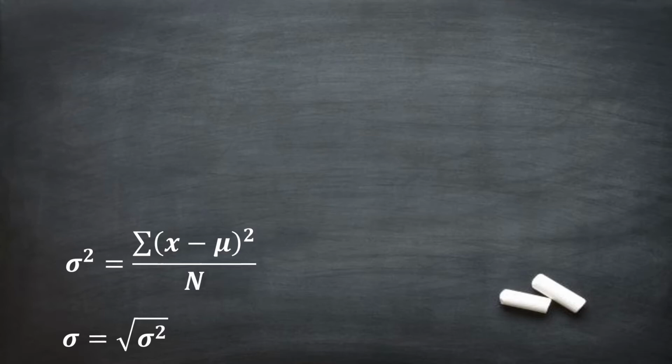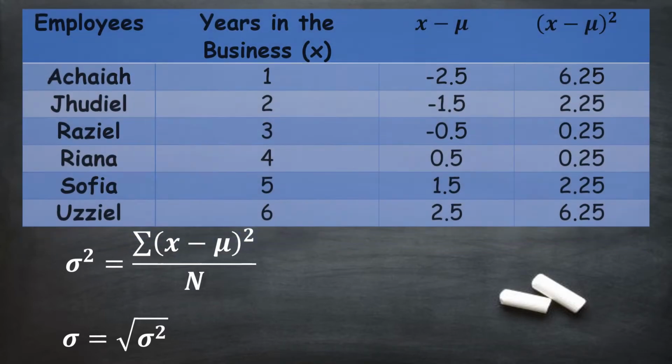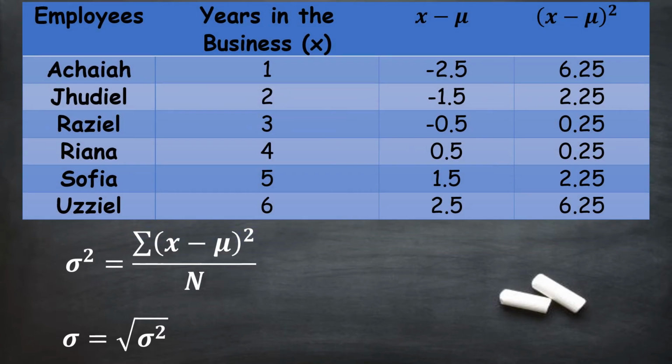That's why there's a difference between the formulas. But anyway, we will have the same process wherein we will construct another column for x minus mean, and then construct another column for the squared of the difference between x and the mean. And then we just get the summation of that one divided by n, then that will be the variance.